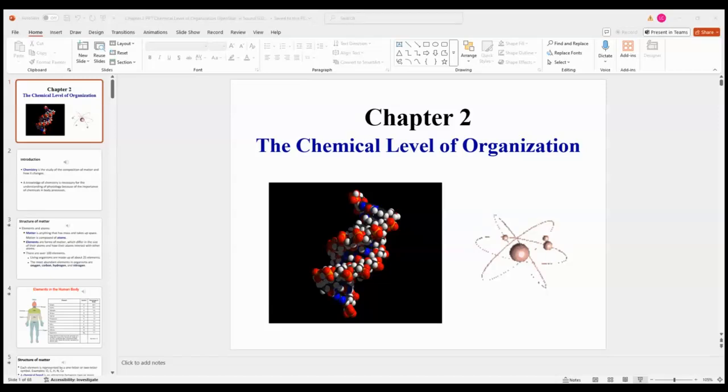Because this one has 1 electron, this one has 2. Then starting in the next row, this has 3 electrons, so it has 2 electron shells: 2 in the first shell, 1 in the second. This has 4, 5, 6. So these all in this row or period have 2 electron shells. This row, these all have 3 electron shells, 4, and so on.